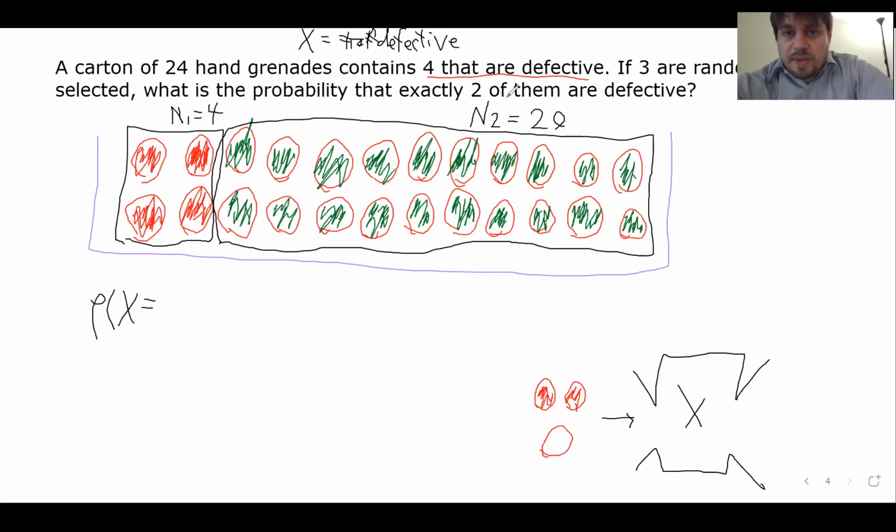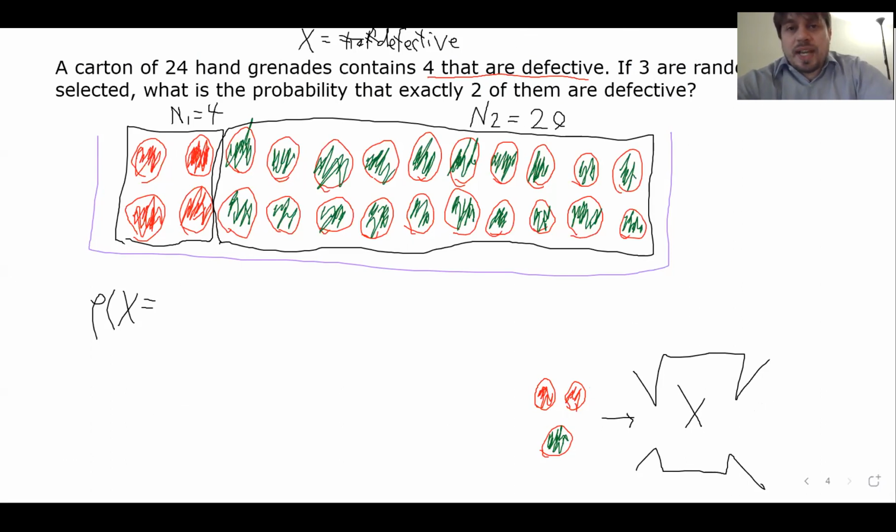And you choose another one, and it's not defective, right? So you're choosing 3 randomly from the carton. Let's say one such thing you could do is choose 2 defective, 1 that isn't.